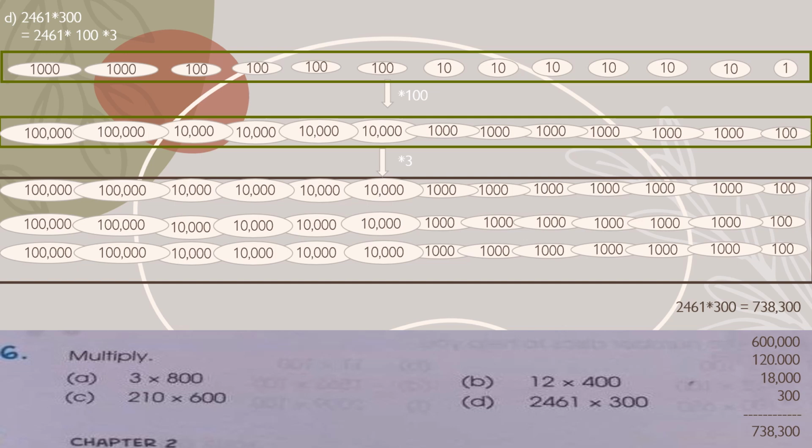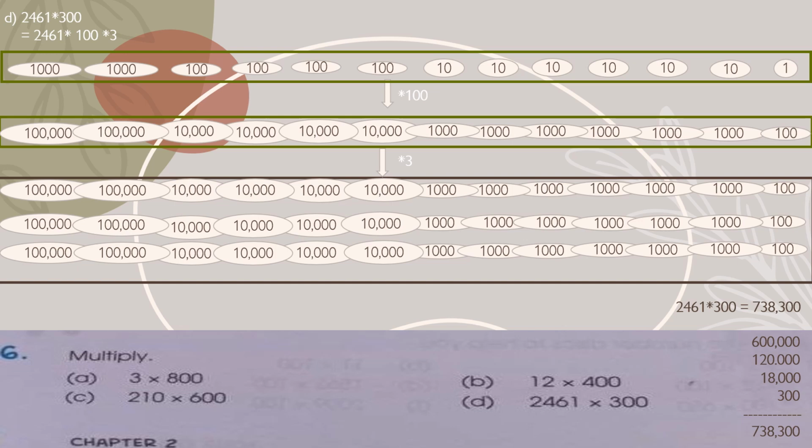In part D, we have 2461 multiplied by 300. First, we are going to break up 300 into 100 into 3. And for 2461, we have 1 one, 6 tens, 400 and 2000. When these discs are multiplied by 100, we will have 200,000, 4 10,000, 6,000 and 100.